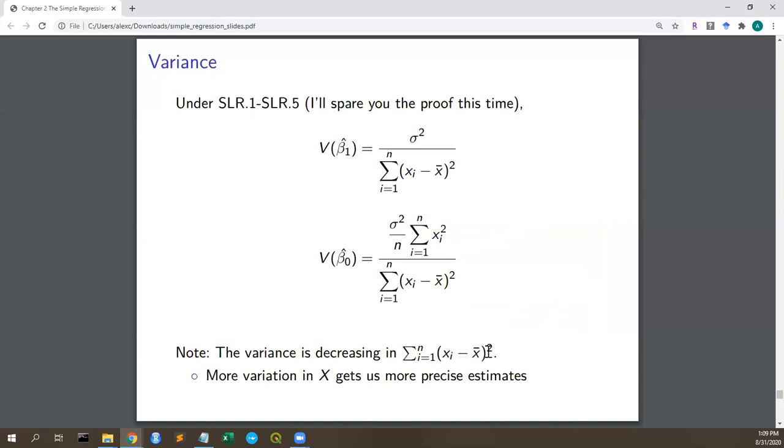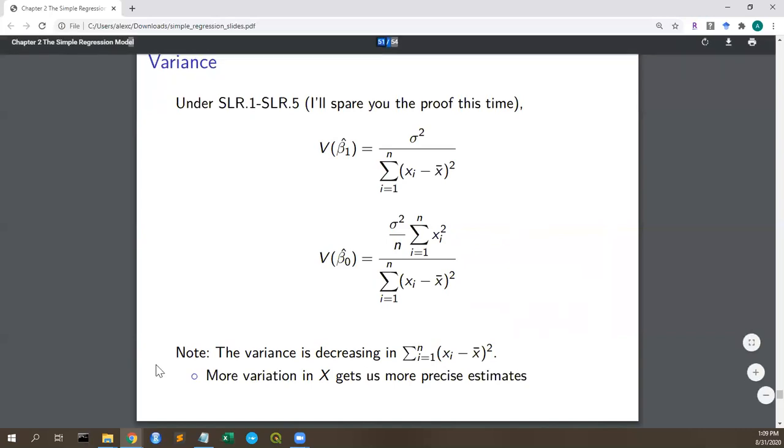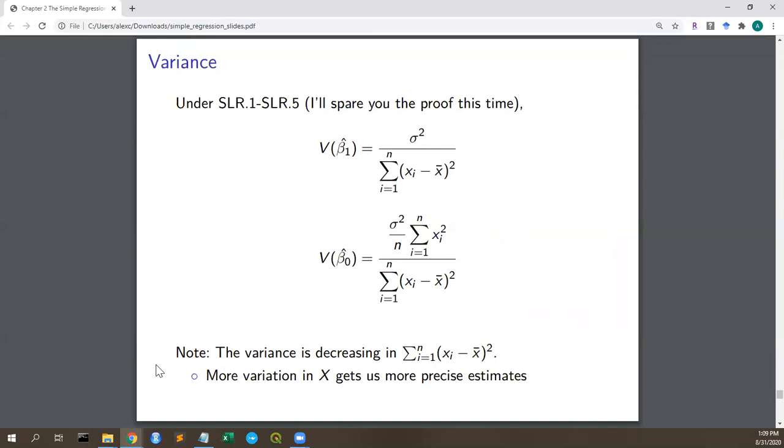If the sum of this is increasing, which it almost certainly will if I increase n, if I get more and more data, the sum is going to increase more and more. Then these variances are going to decrease because this denominator gets larger. So if we can see more variation in x, we are able to learn a little bit more about the process. We can get more precise estimates.